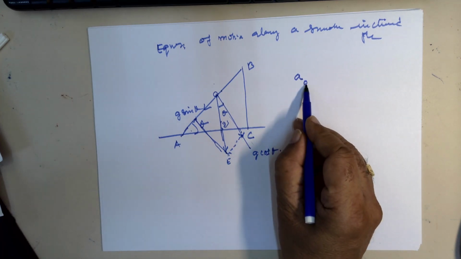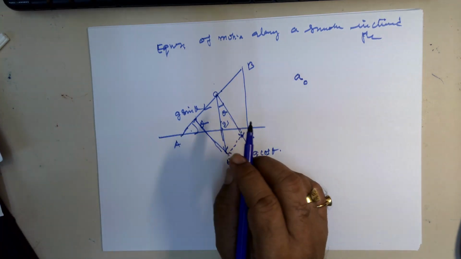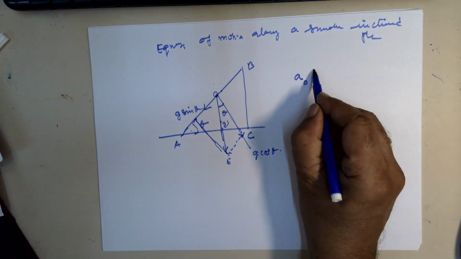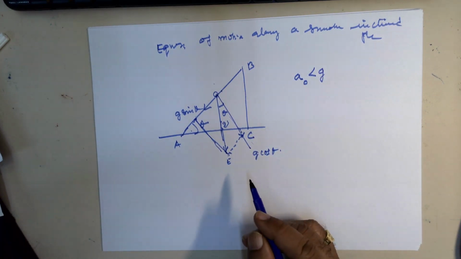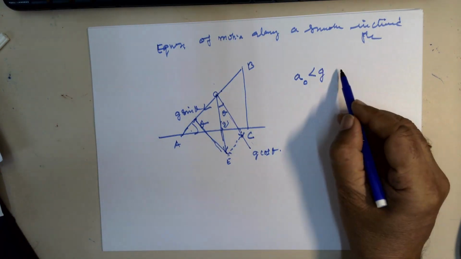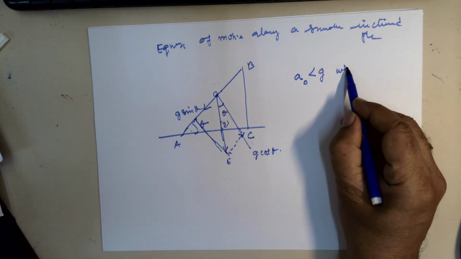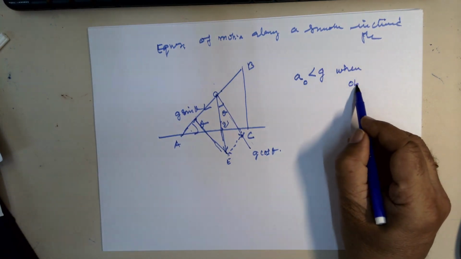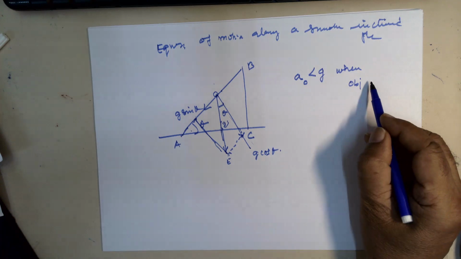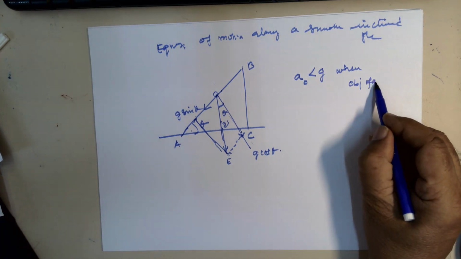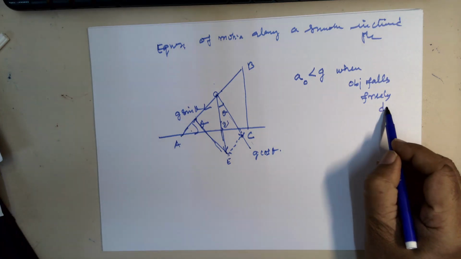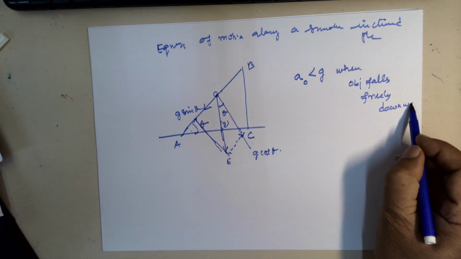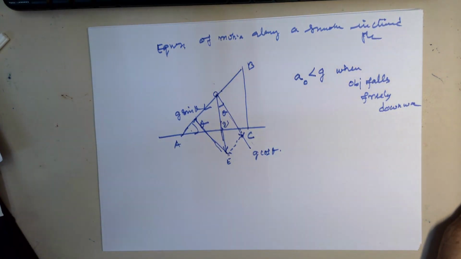The acceleration of the object is less than g when the object falls freely downward. So this is one condition.